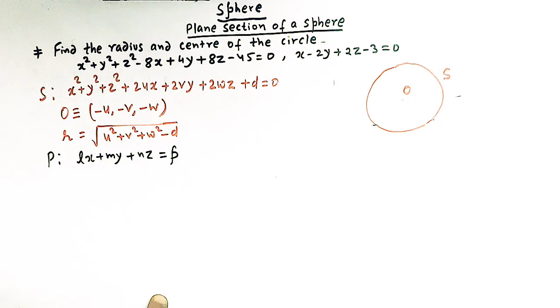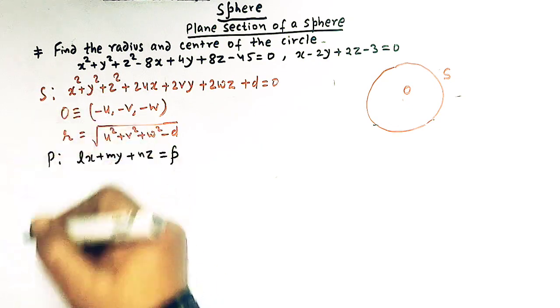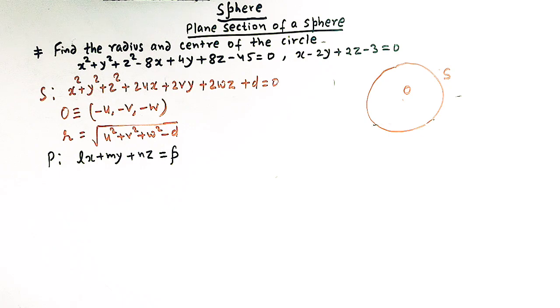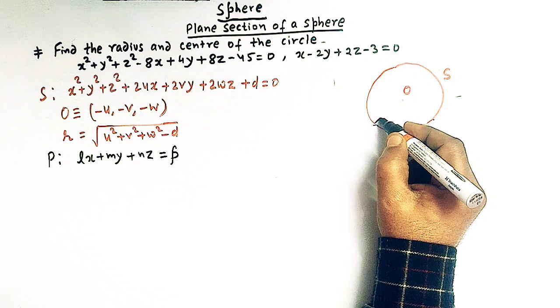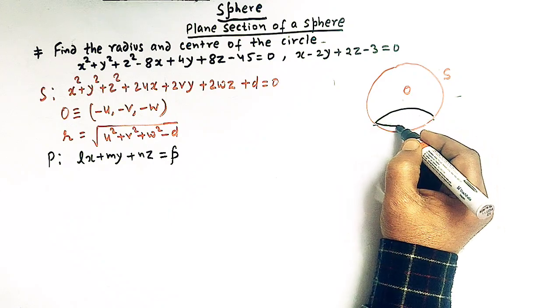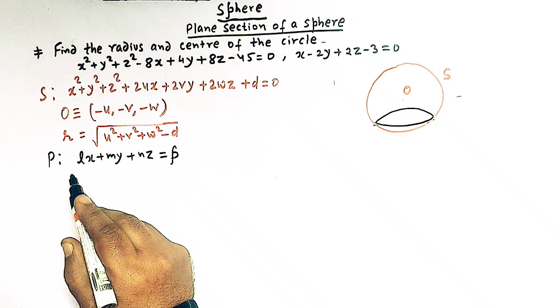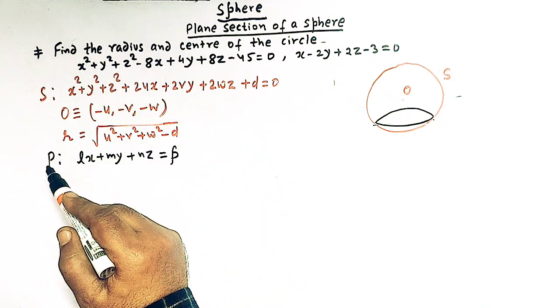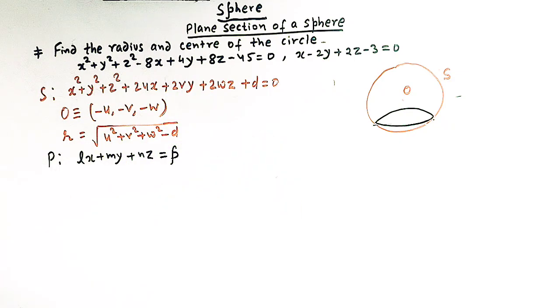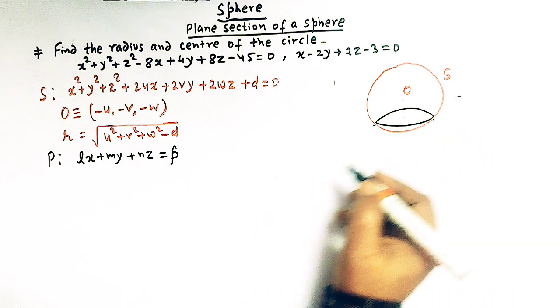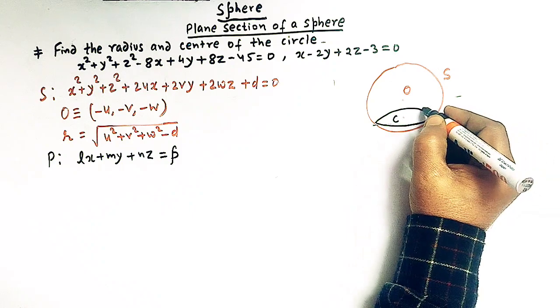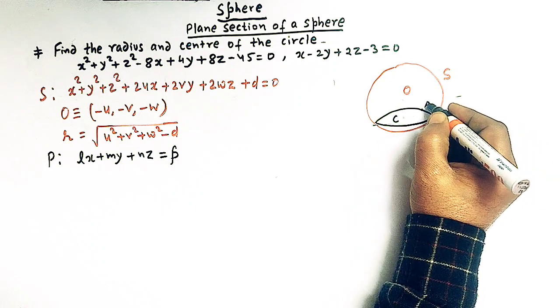So now let us draw a rough diagram when a plane P intersects or cuts a sphere S, right? And the section of the sphere is known as a circle, and let us draw the circle here. So we'll get a circle like this, right? So this is a circle which is obtained by the intersection of the plane P and the sphere S. And let us here denote the center of the circle by the letter C, and here we have a point, say A, right?